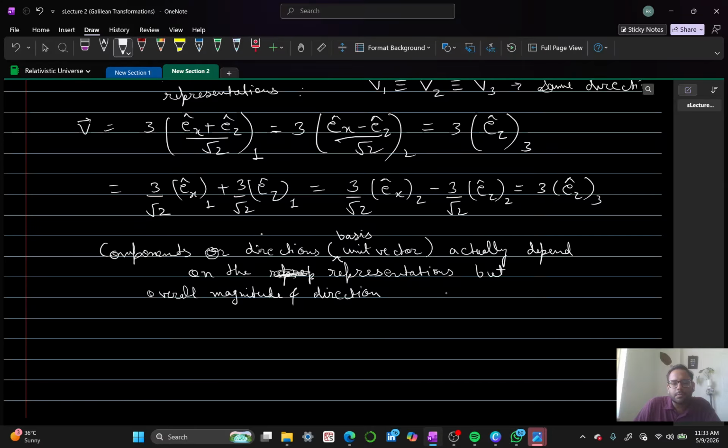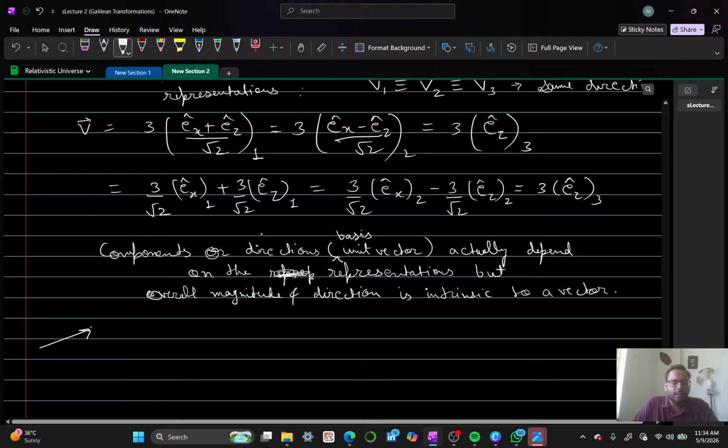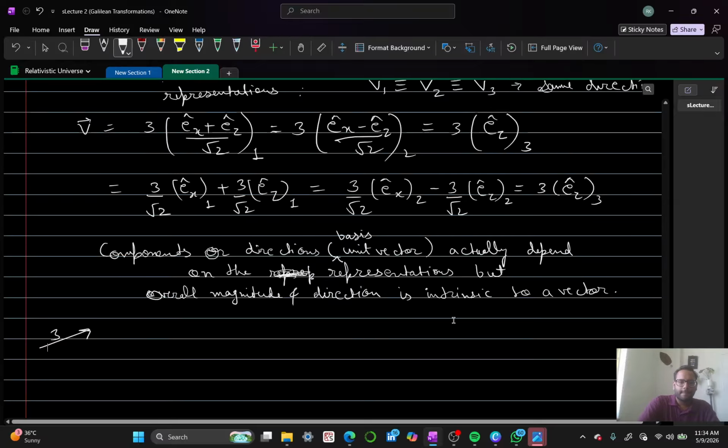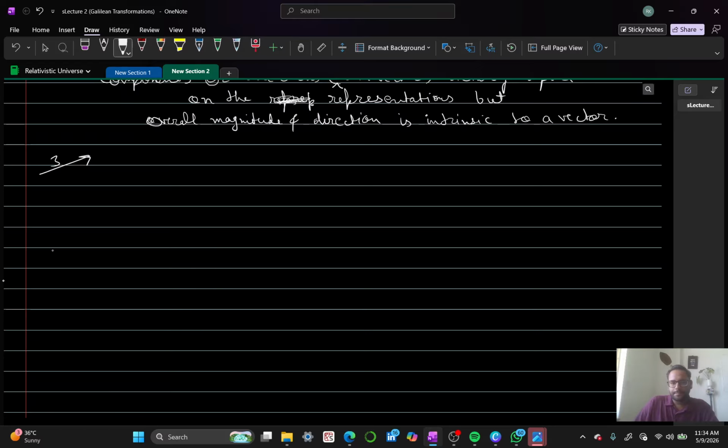This is the overall direction of a vector, which is intrinsic to the vector. So the direction will not change in any representation, but its basis directions can change. Okay, fine. Let's move ahead.